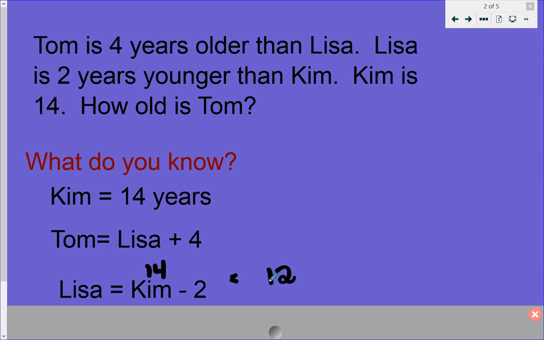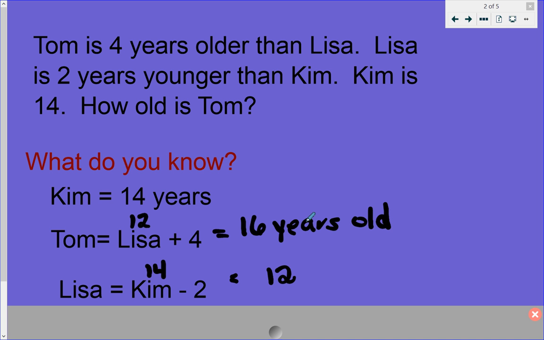So Lisa's 12, but that's not what we want to find out. We want to find out how old Tom is. Lisa plus 4 equals Tom, so 12 plus 4 equals 16 years old.